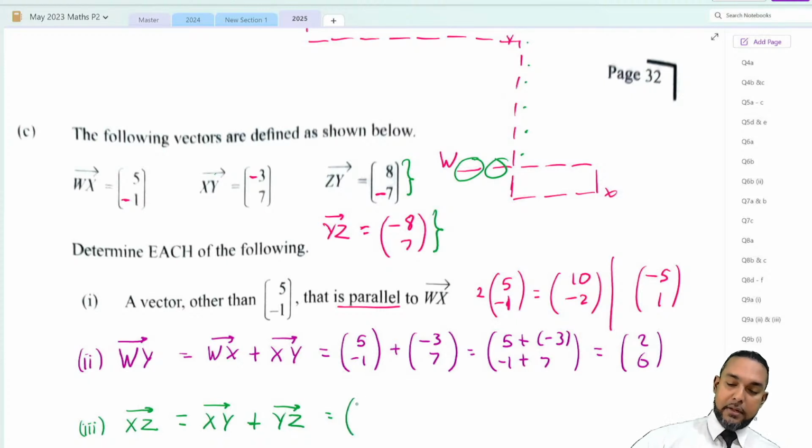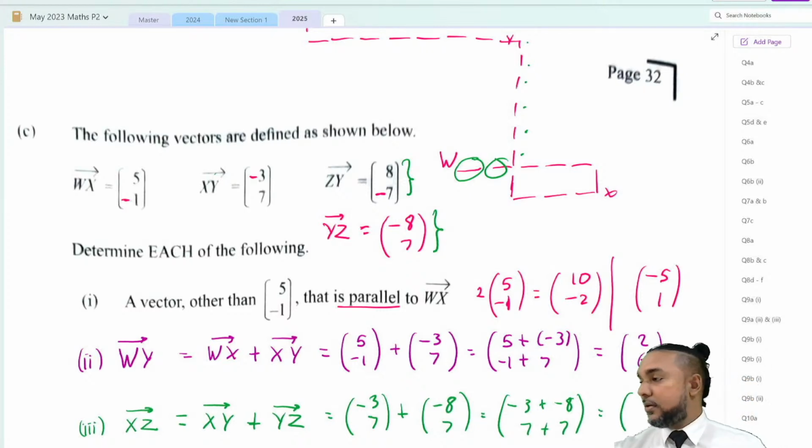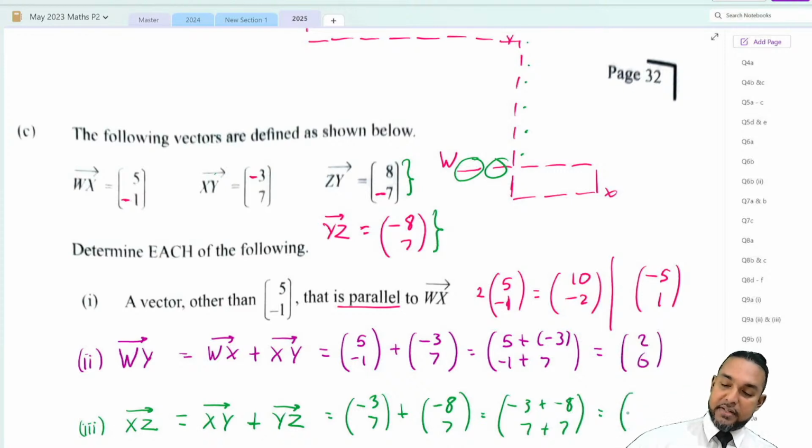So XY is minus 3, 7, and YZ is minus 8, 7. So in this case, you have minus 3 plus minus 8. So it means you just add them and put back the minus sign. And then 7 plus 7. Minus 3 minus 8 is minus 11. And 7 plus 7 is 14.